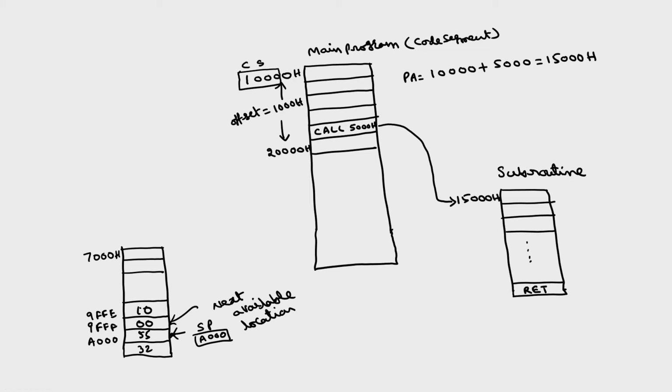So, after this call instruction, the stack pointer contents will change; this is before the call instruction, and this is after the call instruction. The inherent operation inside this call instruction is that the contents of the instruction pointer, this offset 1000, will be held by the instruction pointer.